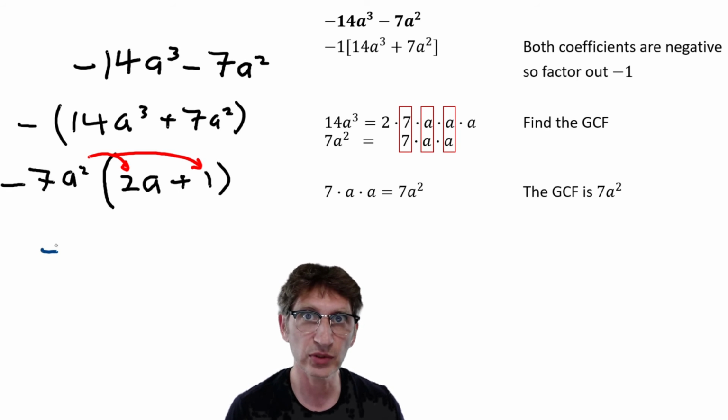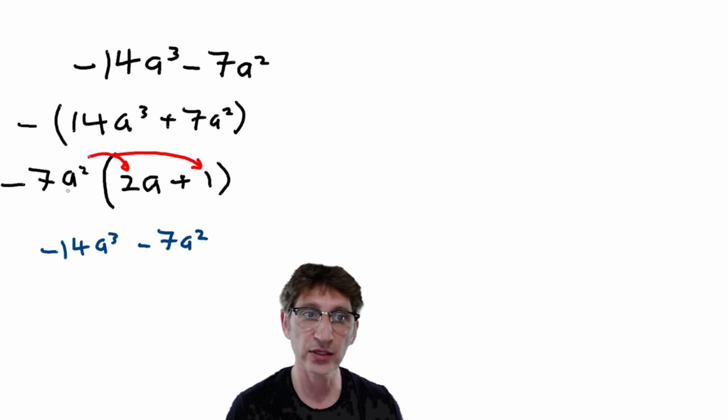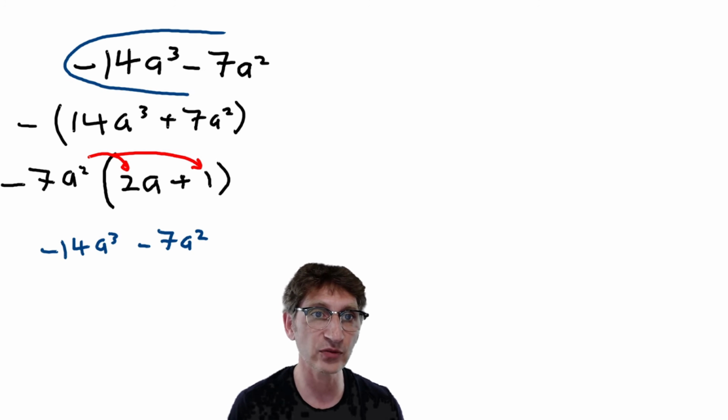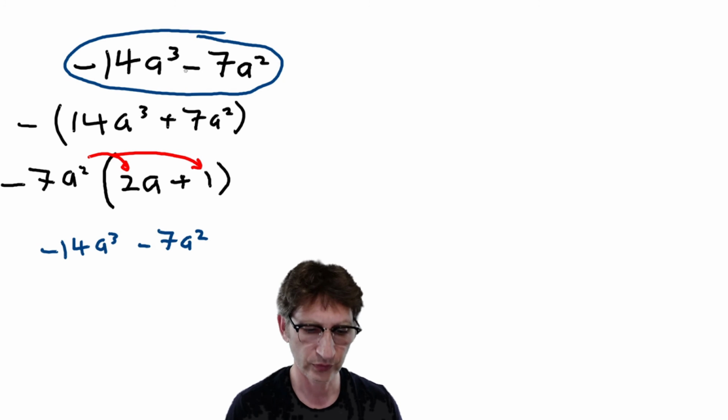Negative 7 times 2 is negative 14. A squared times a is a to the third. Negative 7a squared times 1 is just negative 7a squared. That checks out. So negative 7a squared times parentheses 2a plus 1 is the factored form of this original polynomial.